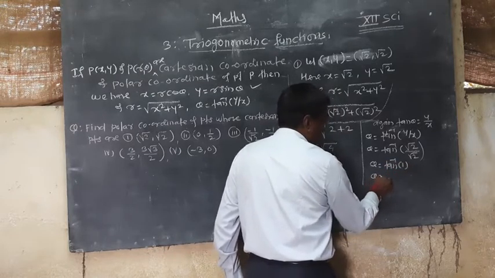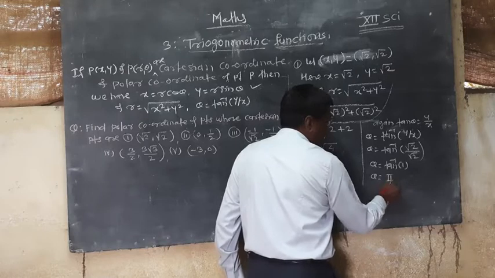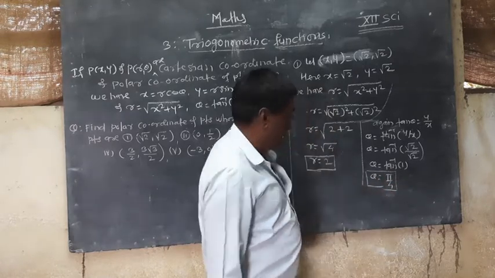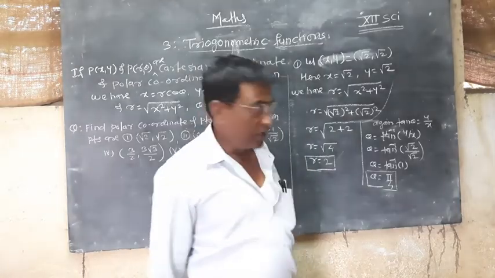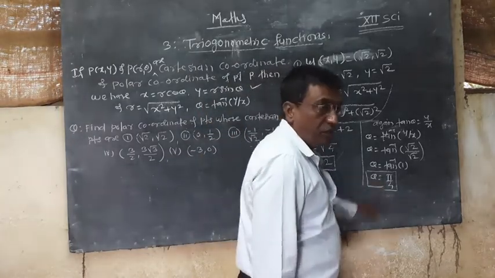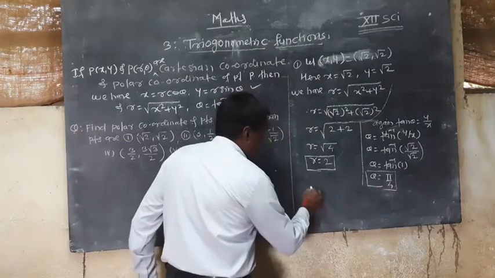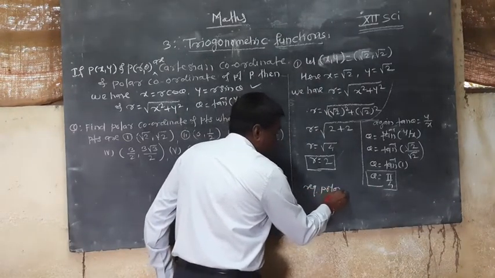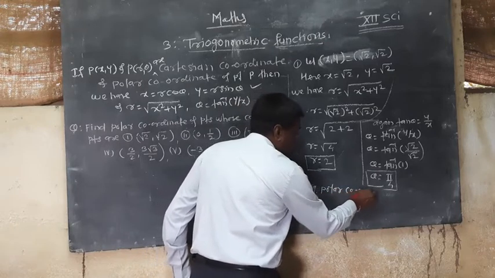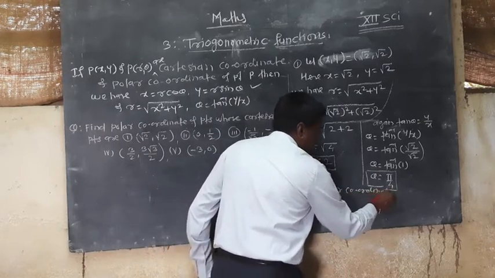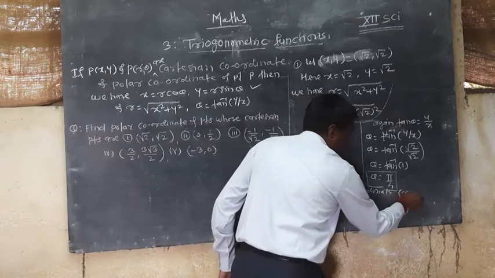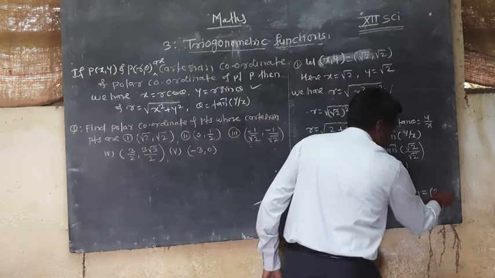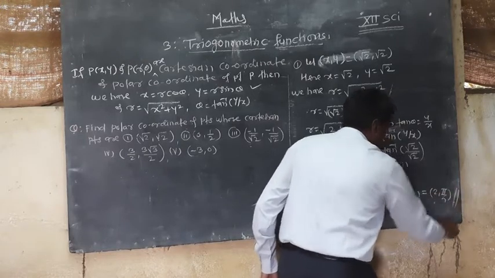Therefore theta is pi by 4, because 1 is the value of tan at pi by 4 radians, or 45 degrees. So the value of theta is pi by 4, and therefore the required polar coordinates are r comma theta is equal to 2 comma pi by 4.